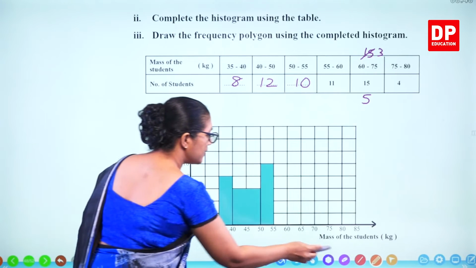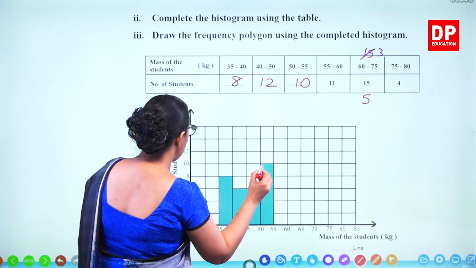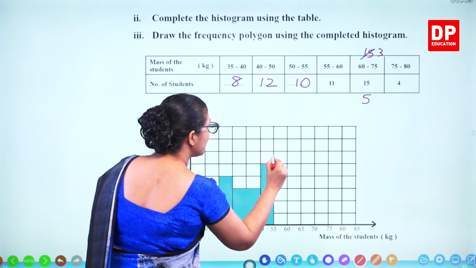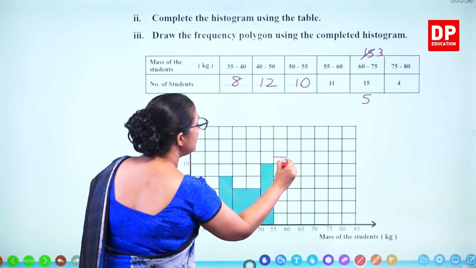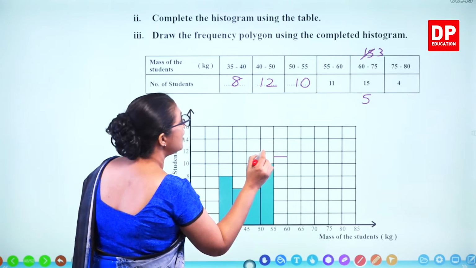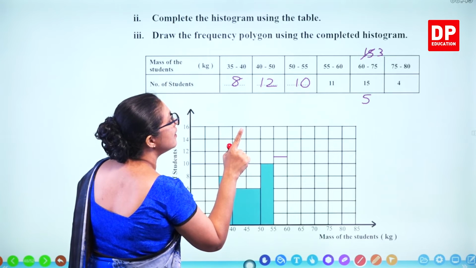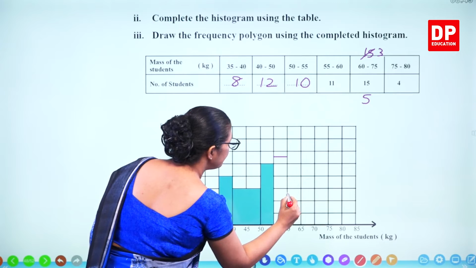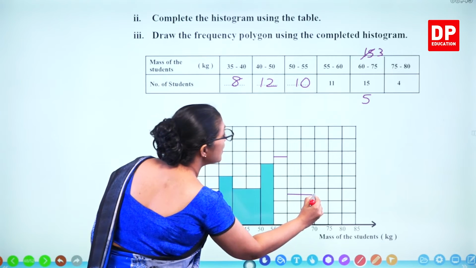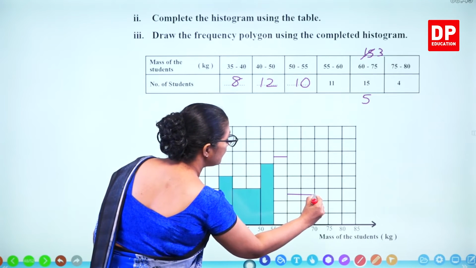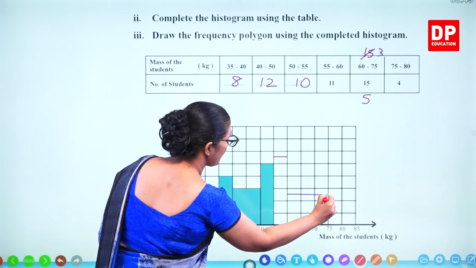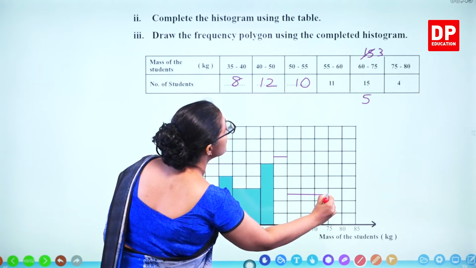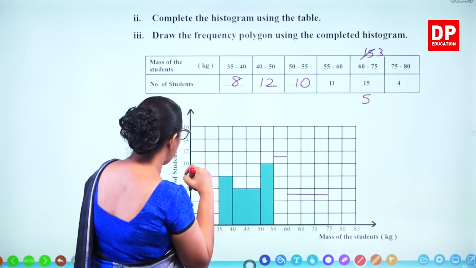So 11. Now draw the histogram. 11 means in between. And here, that's up to here. And this is 5. 5 is here, up to 75. 60 to 75, that's 5.